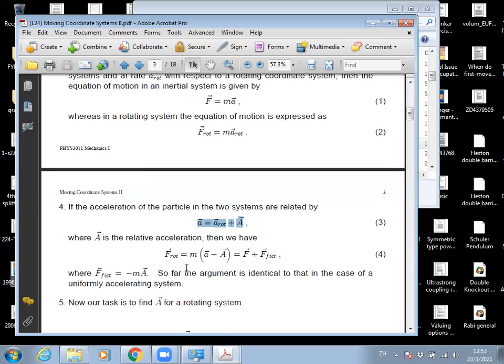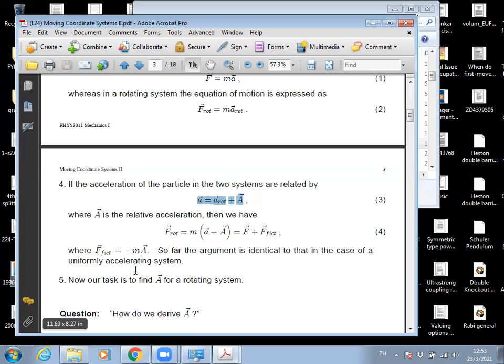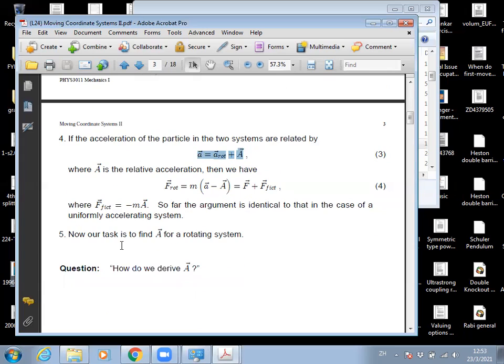And this fictitious force is equal to minus m A, just like the case of a uniformly accelerating system. However, you will come to a very important question. What is this A? Okay, this is not an easy question. So how do we derive this A?